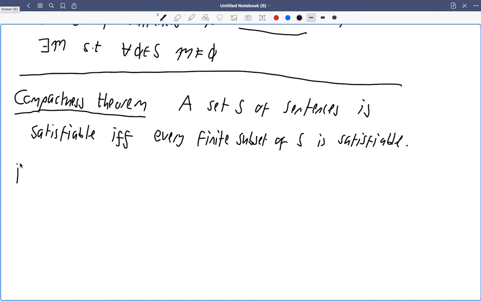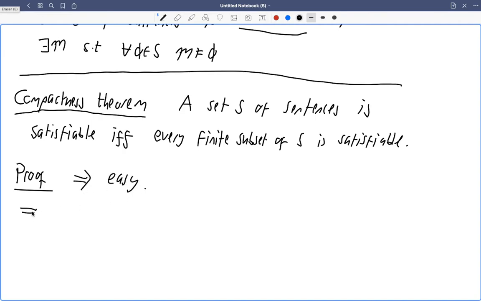So the proof, well, it's actually very easy that if a set of sentences is satisfiable, it's trivial from the definition of satisfiability, then every subset of the set is satisfiable, not just every finite subset. So the left to right implication is easy.